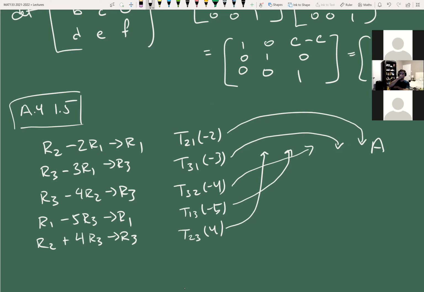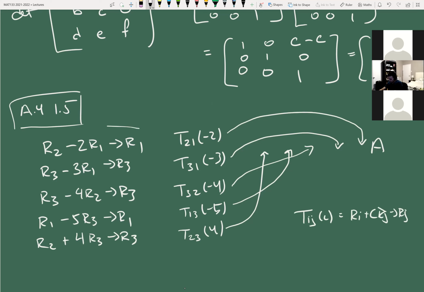Yeah, maybe it is. You are right. Wait, let me see exactly how I wrote down what Tij is. So Tij of C is Ri plus C Rj into Ri.